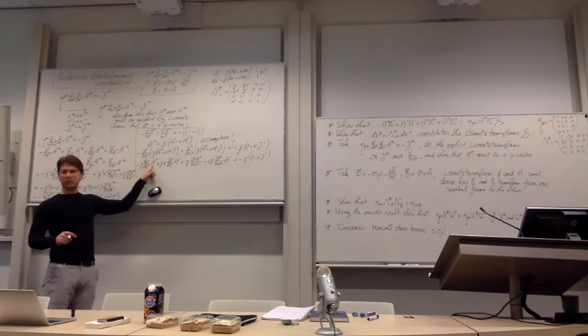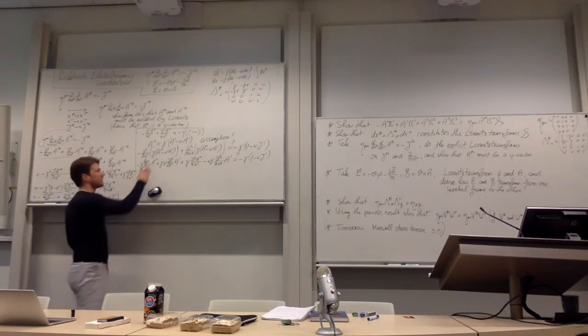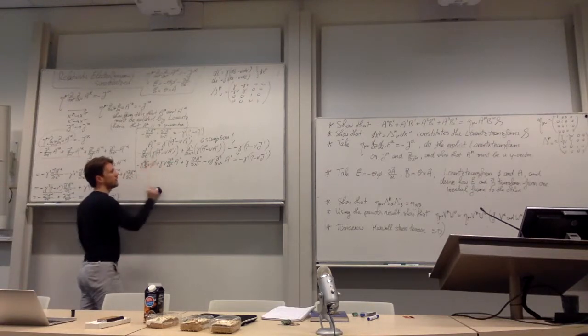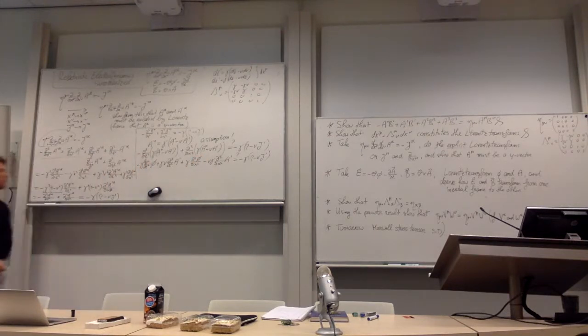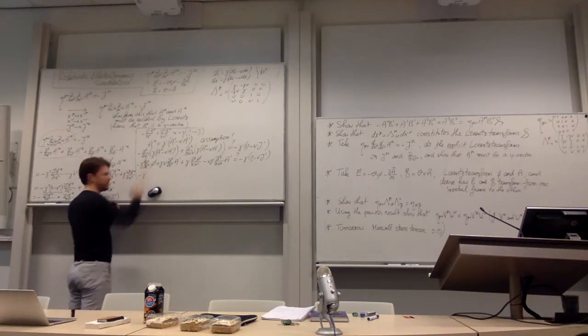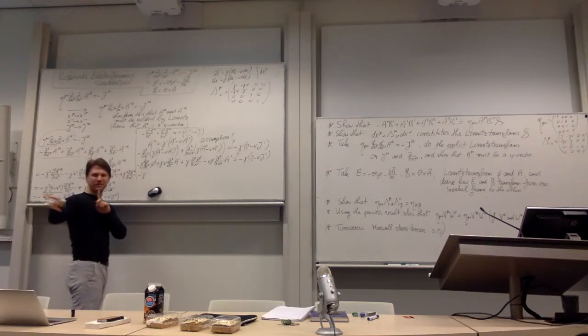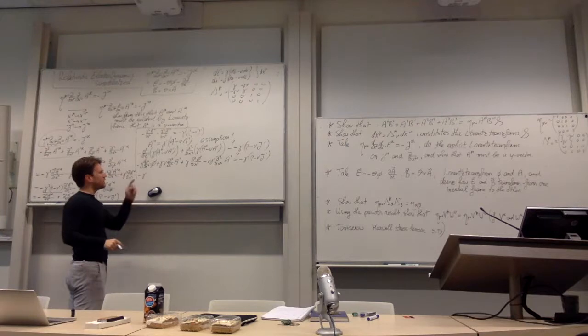Let's replace the A zeros by phi's. It's going to be... Just following your suggestion, let's see what happens. He says group all the phi's together.